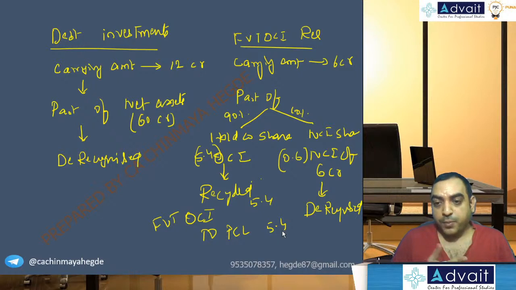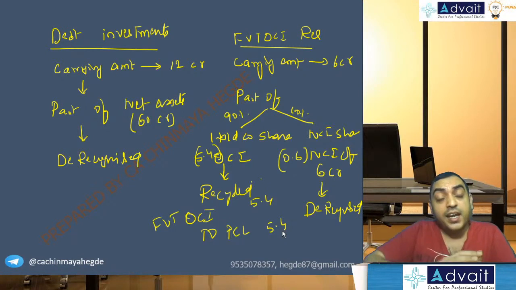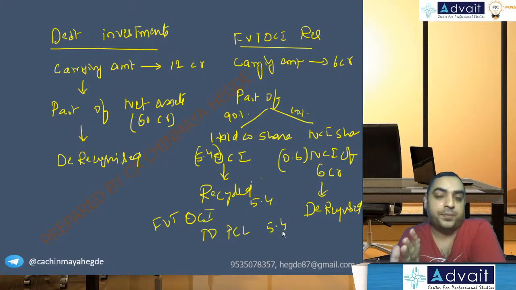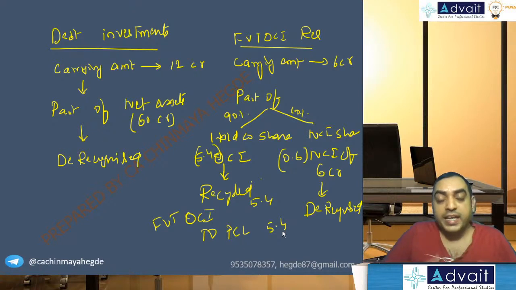Kanishka is asking, so we are passing the entry now, how is it included in 6? I did not get the question. 6 is the FVT OCI reserve. That would have been transferred to the holding company's OCI at 90%, and to NCI at 10%. And the 90%, 5.4, is what we need to derecognize.